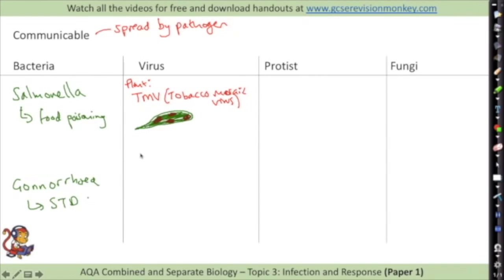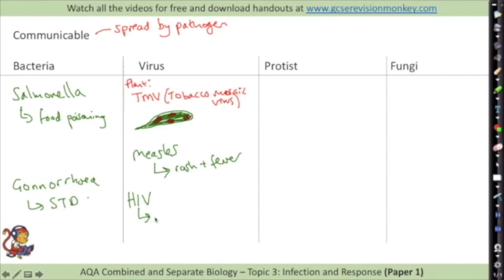Humans then, or animals, they can get the measles virus, and that is transferred by sneezes and cough droplets, and that has the symptoms of a rash and a really high fever, and you can get vaccinated against that one. HIV is another really deadly virus. It can either be contracted as a sexually transmitted disease or by people sharing drugs needles.